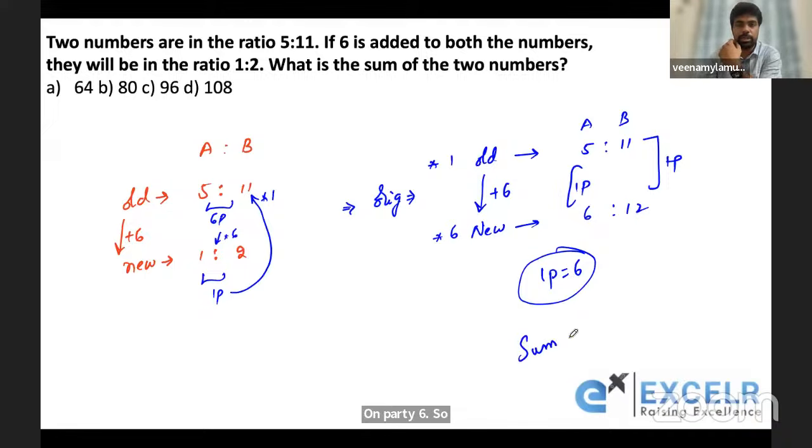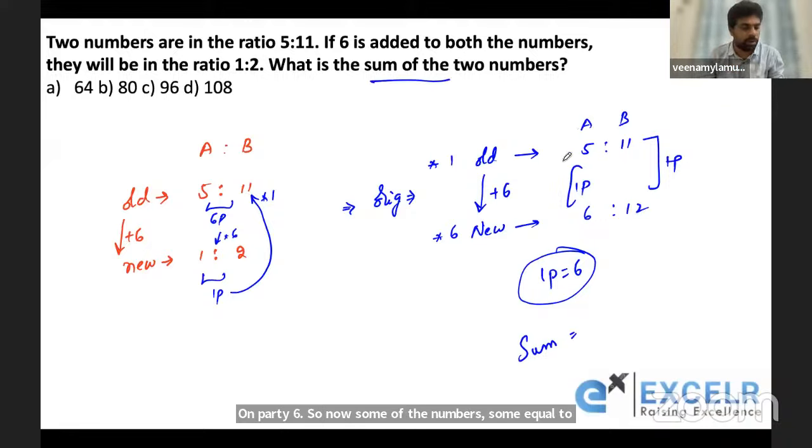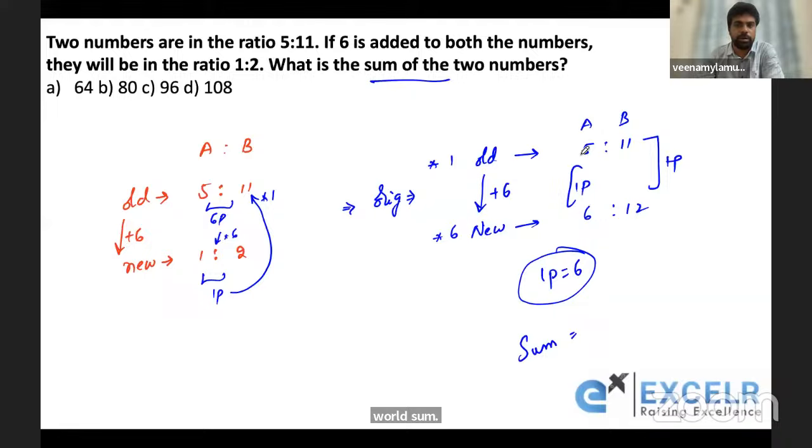So now the sum of the numbers is equal to how much? Sum of the numbers means we should tell for the old sum. Sum of the new numbers means you should tell for 6 and 12. So the sum of the numbers means 5 parts plus 11 parts, that is 16 parts.